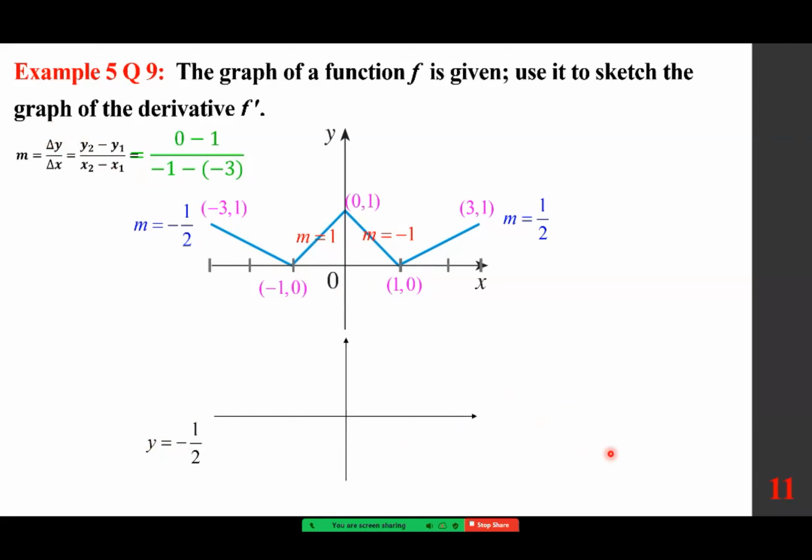However, as you can see, we have a sharp corner here, and it stops. Therefore, it's not differentiable at that point. So that's what we have instead.